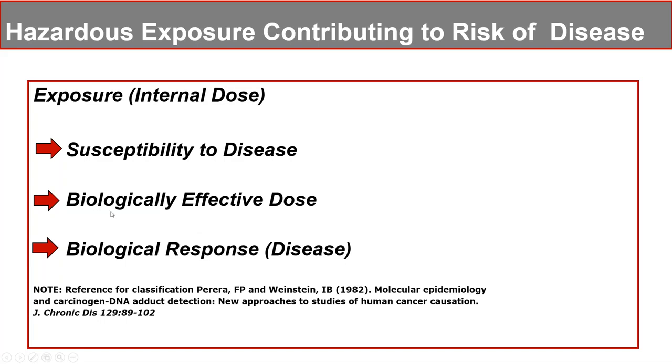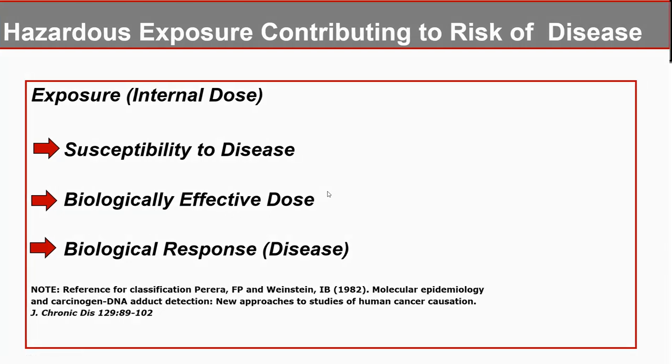So if it's the lungs or the kidneys, we talk in terms of a biologically effective dose or the toxic dose that accumulates. And then depending on a variety of factors, what is the biological response, or what are the adverse effects or disease associated with that initial exposure. But it doesn't jump simply from exposure, meaning there's automatically disease. There's several factors that come into play.